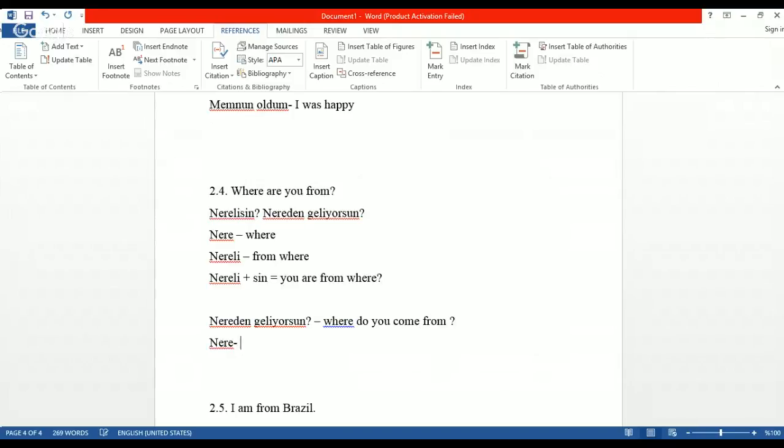Nere means where. Nereden is once again similar to nereli. It is from where also. Nereden. Gel is the verb root for come, to come. Oh wait, maybe I should explain this next time.